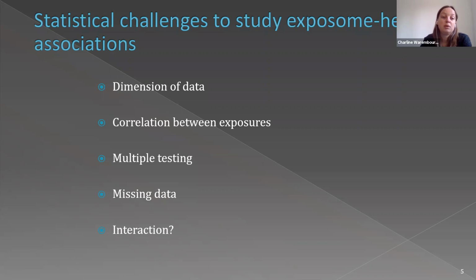The issue of multiple testing, and missing data too, because as we increase the number of exposures of interest, we also decrease the number of individuals with complete case data.